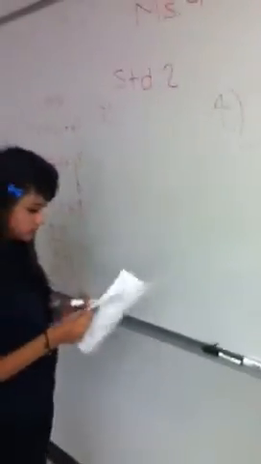Okay, problem number 3 is what is the reciprocal of 35x to the negative 4? Now every time that you see a negative exponent in a reciprocal, you make it into a positive exponent.